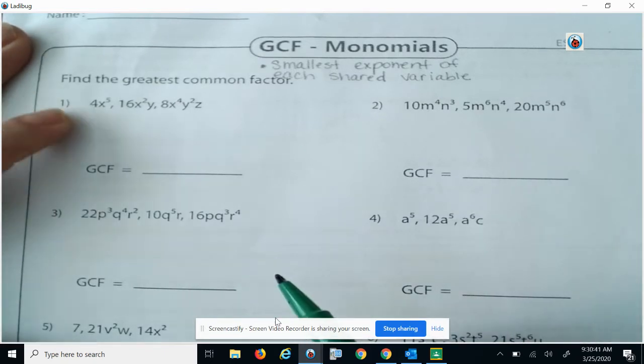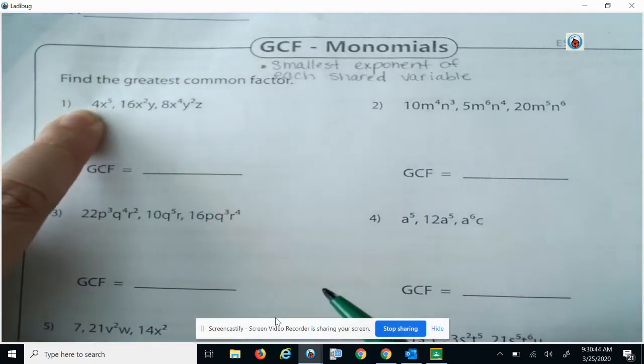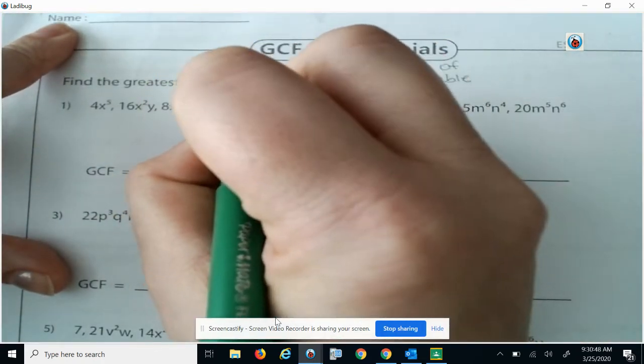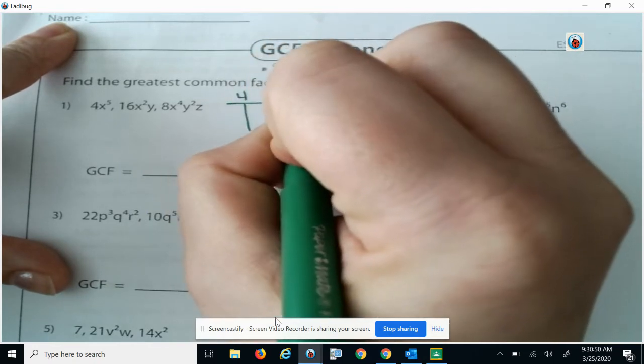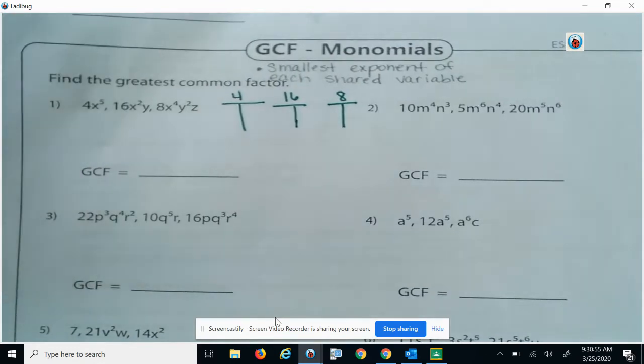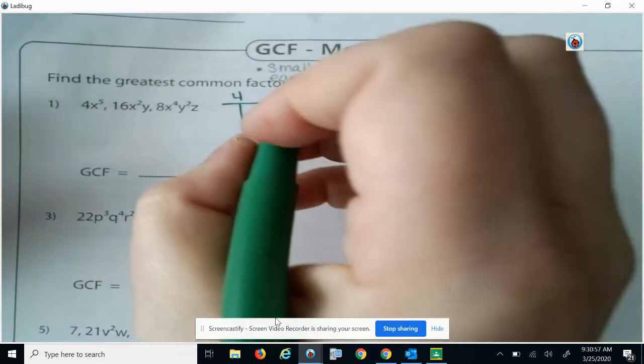All right, so number 1, we're going to do a T-chart for each number. We have 4, 16, and 8. We want to find the greatest common factor, or the GCF.